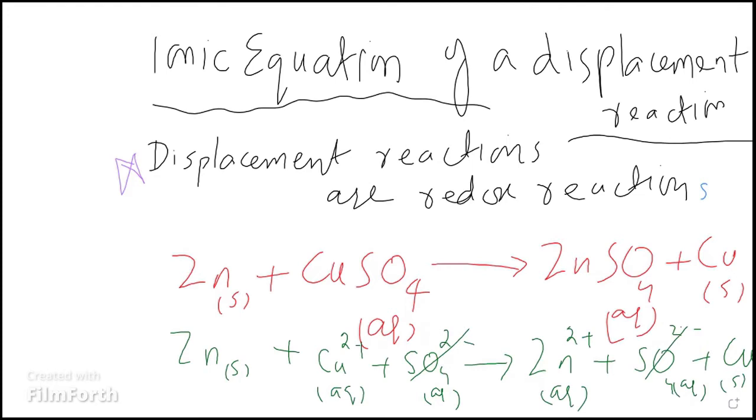So how can we write the ionic equation now? This is how to work out ionic equations, Abdullah. Zn will be written as it is because it is a solid. Copper 2 sulfate will split into its ions, copper 2 ions plus sulfate ions. Zinc sulfate will split into zinc ions plus sulfate ions, and copper will be written as it is because it is solid. Sulfate ions are common on both the left and right hand sides, so they will cancel each other.